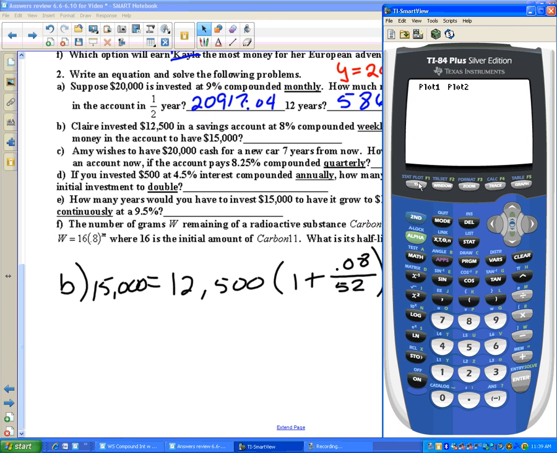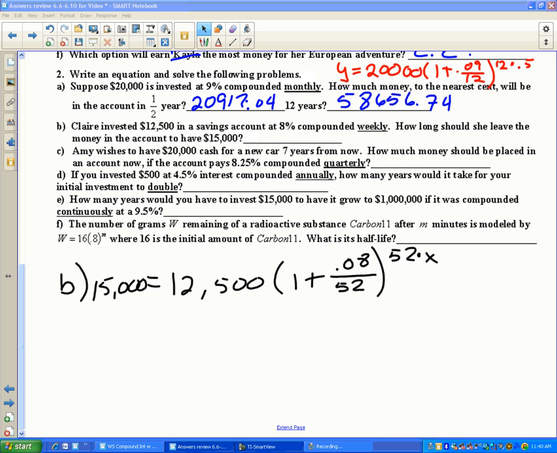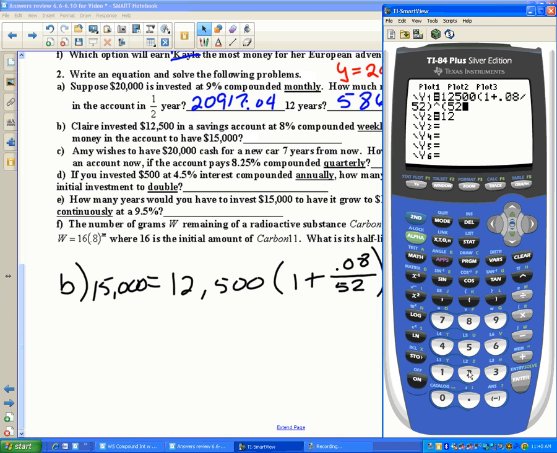I go to y equals and plug in $12,500 times 1 plus 0.08 divide by 52, to the open parenthesis 52x, close parenthesis. I want my second equation to be $15,000, and I want to find where these two lines cross.